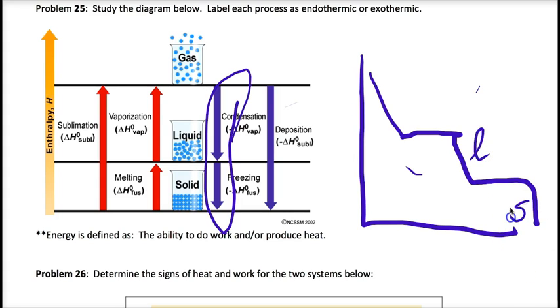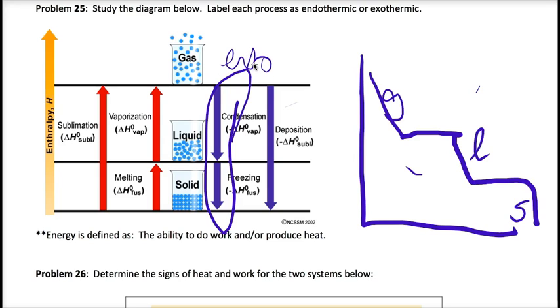Here's my solid. Even up here's my gas. Does this remind you of the lauric acid? So what's happening? You're losing temperature. The system in this case, the water, is losing its energy to the surroundings to become the liquid, to become the solid. So this would be your exo system.